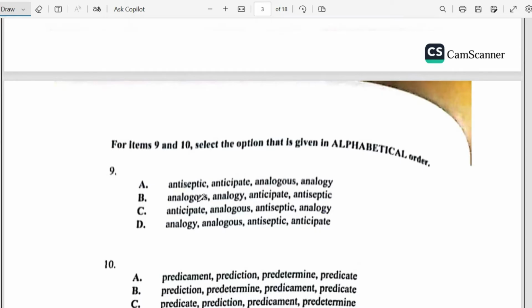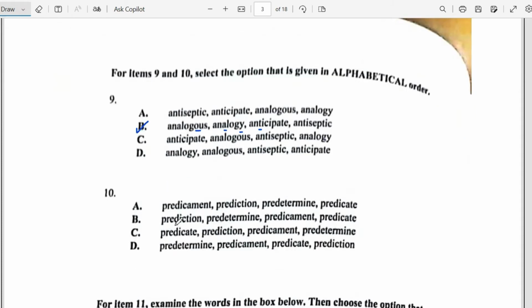So we're looking after the G, and we have O after the G, and we have Y after the G. So the correct answer is B, because analogous will come before analogy. And clearly we can see that ana, which is the A here, would come before the ant, which is the T here. So the correct answer is B.